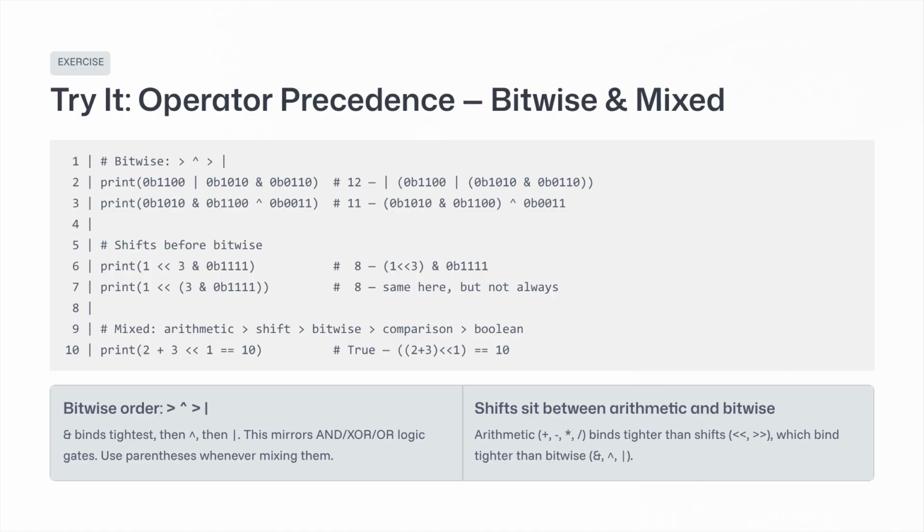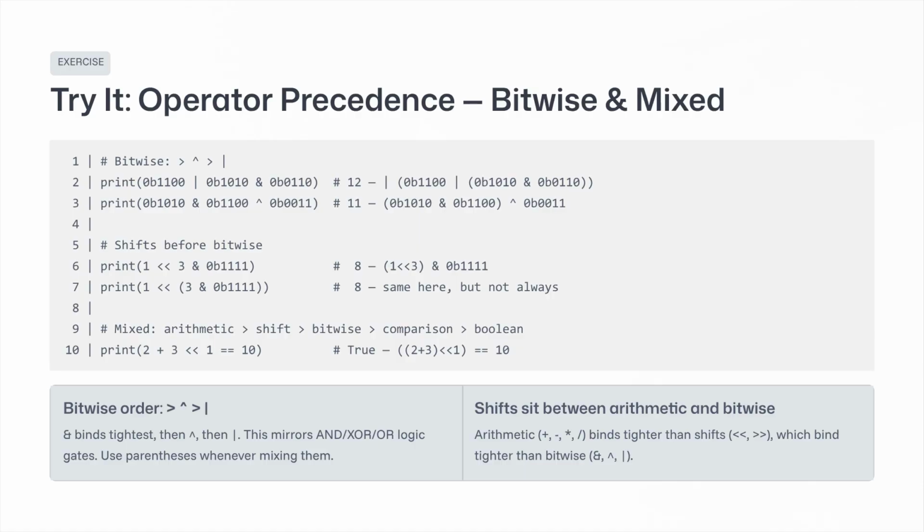Parens change the order. 3 and 0b1111 is 3, then 1 left shifted by 3 is still 8. Same result here, but not always. Line 10, 2 plus 3 left shift 1 double equals 10. Arithmetic first. 2 plus 3 is 5, then shift. 5 left shifted by 1 is 10, then comparison. 10 double equals 10 is true.